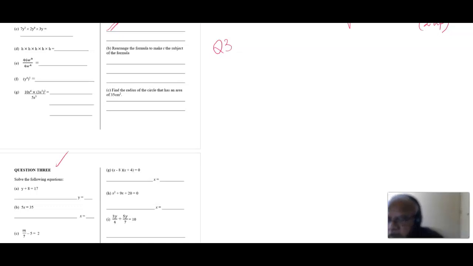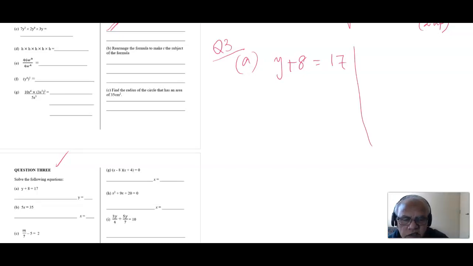This is question 3, solving an equation, which is a straightforward linear equation: y plus 8 equals 17. If you are doing the backtracking, I want to find out the value of y. If I add 8 to y, that gives me 17. So on the backtracking, if we go minus 8, 17 minus 8 is 9.